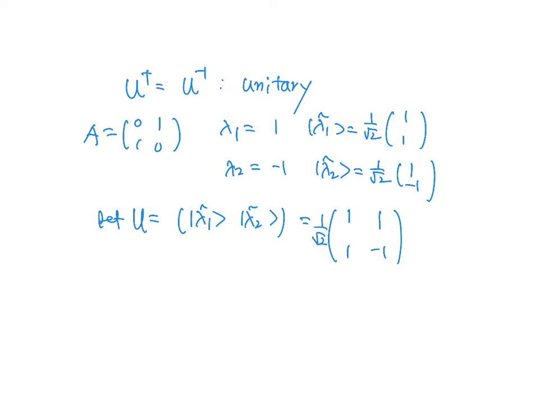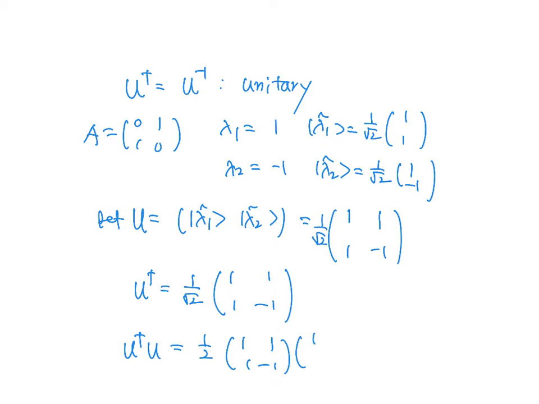And you take the adjoint, what happens? 1, 1, 1, minus 1, right? So actually they are the same, but it's also Hermitian. But U adjoint times U is 1/2 times 1, 1, 1, minus 1, times 1, 1, 1, minus 1.